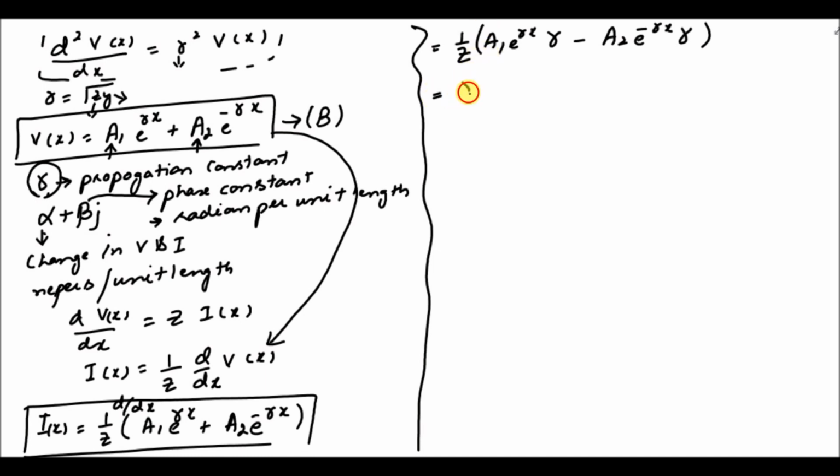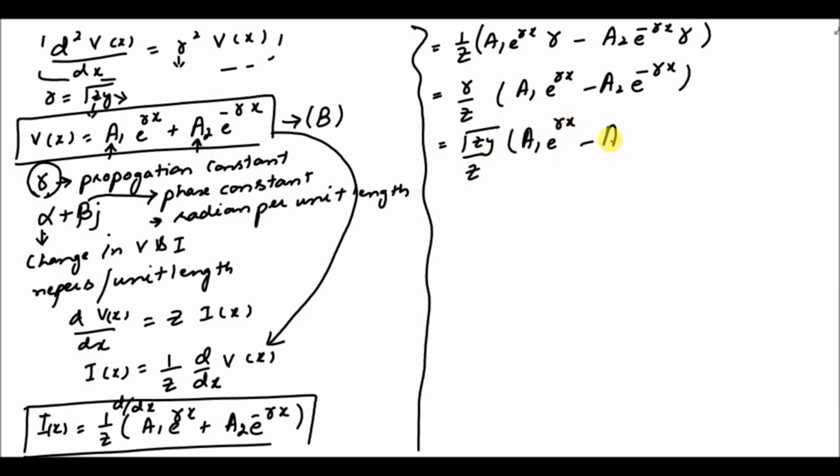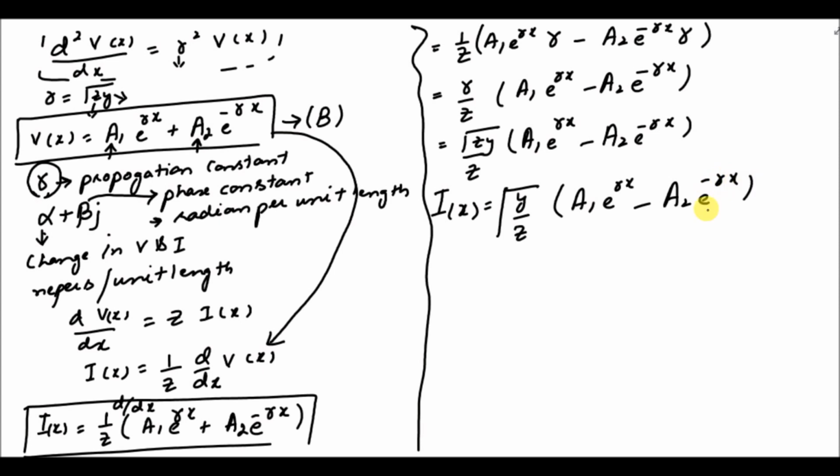After solving, we have gamma over Z into a1 e^(gamma x) minus a2 e^(minus gamma x), and by further solving, root zy over z. So the equation for Ix will be under root y over z times a1 e^(gamma x) minus a2 e^(minus gamma x).